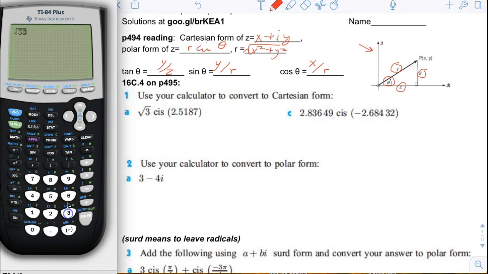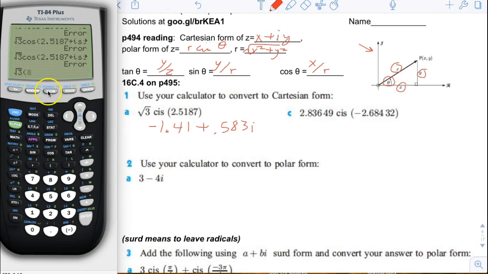Let's see. Square root of 3, parentheses, cosine 2.5187, close parentheses, plus i times sine 2.5187, close parentheses, close parentheses.